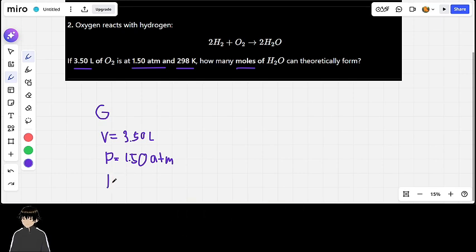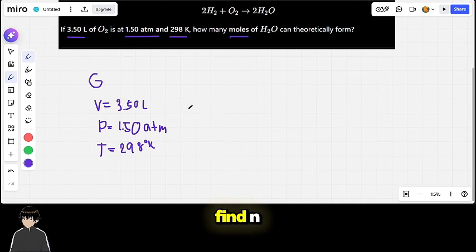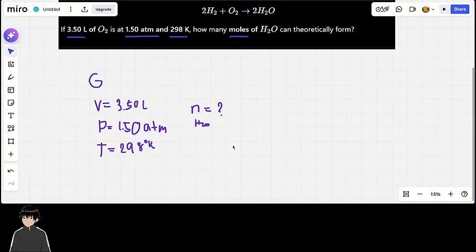Temperature is at 298 Kelvin. We're trying to find n of H2O. Okay?